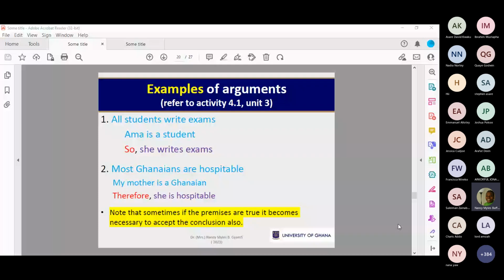And we were also to assume that Amma is a student, because Amma may not be a student. Amma may be a cleaner who works in the lecture hall there. Amma may sell bananas. She also works on campus. Yes. If someone tells you I work at Legon, don't assume that it immediately means it's the vice chancellor.